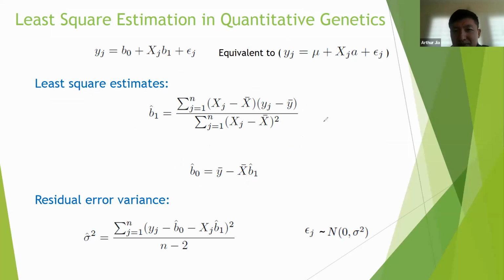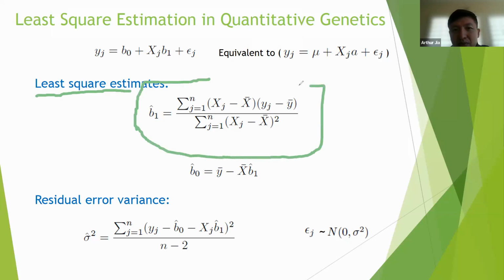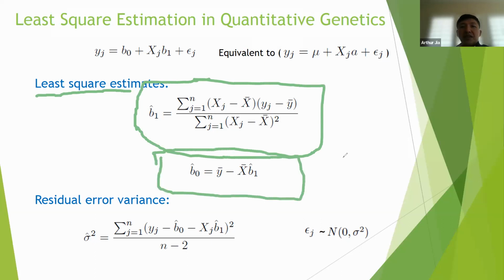I assume you have already learned some of this in your statistics class. If not, please spend a little time after class to search for least square or linear model estimation. Wikipedia pages will give you a lot of useful information to help you understand these equations for estimating the slope and the intercept for a simple linear regression.